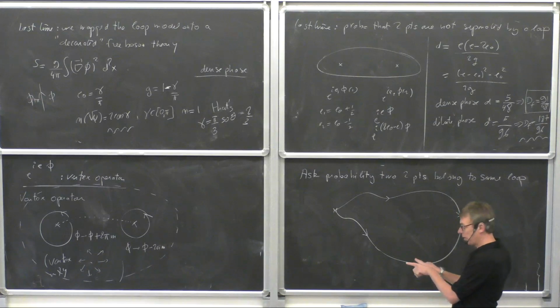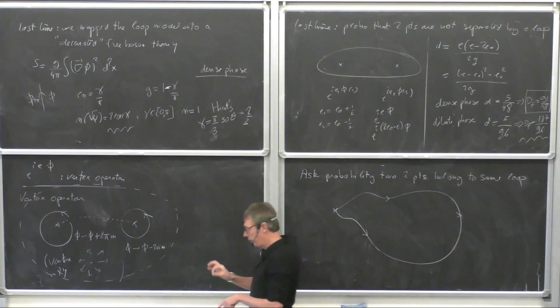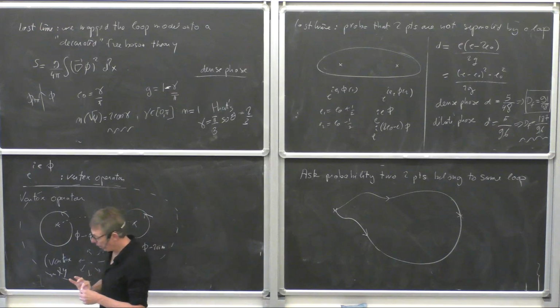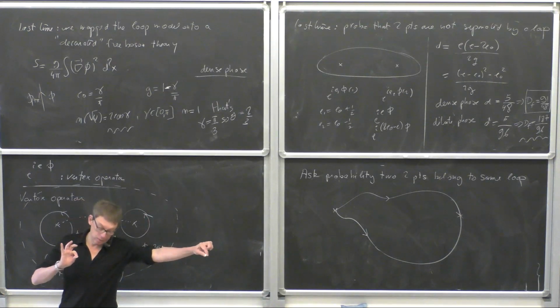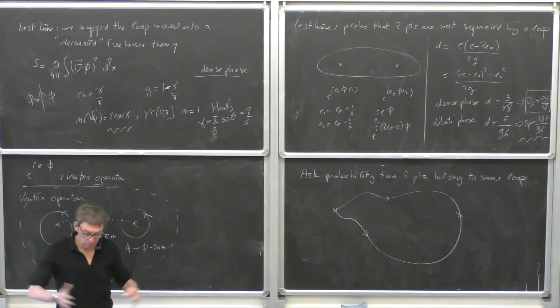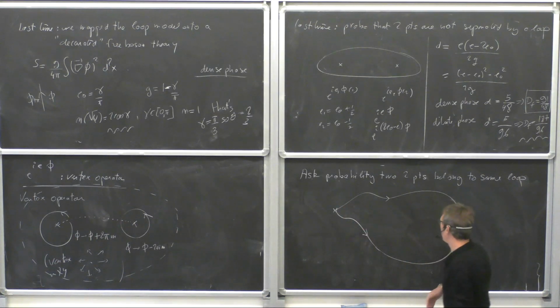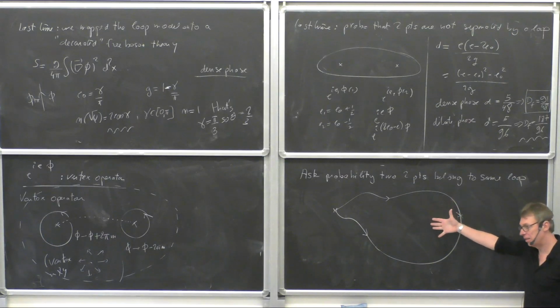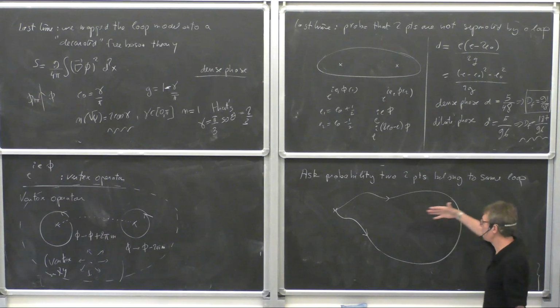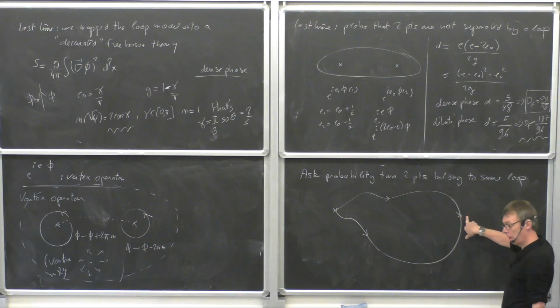So let's ask ourselves, what is the partition function of the system if I introduce an object that creates a pair of lines, another one that absorbs the 2 lines, and in between, everywhere the current is conserved? If I demand this, I see that what I get are configurations like these, which are exactly the configurations I am after if I want the 2 points to belong to the same loop.